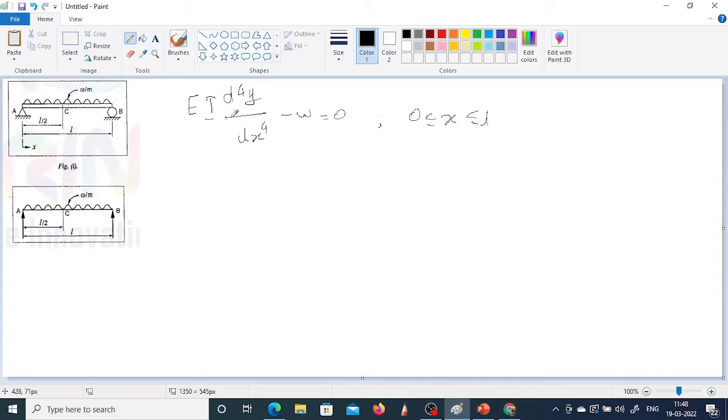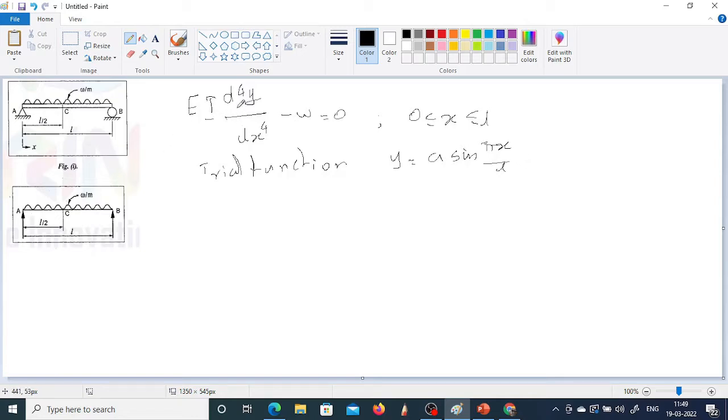So what is the trial function for the deflection problem? Initially we should assume the trial function for solving the deflection problem. The trial function we can assume as y = a sin(πx/L).